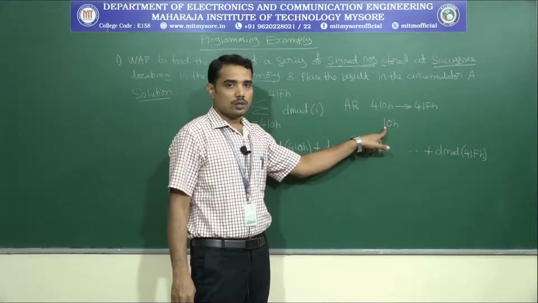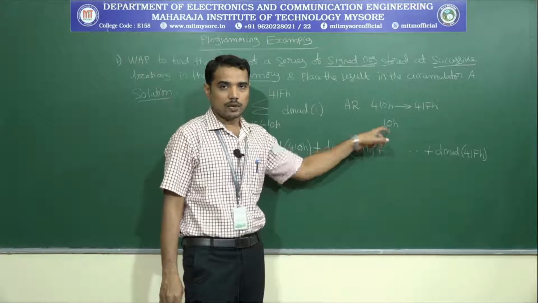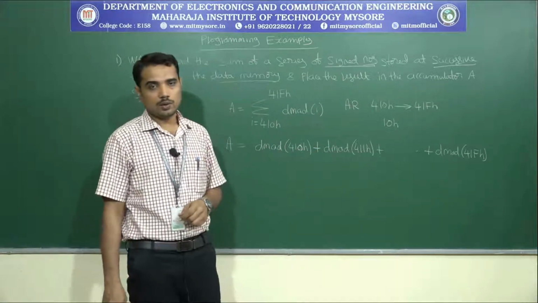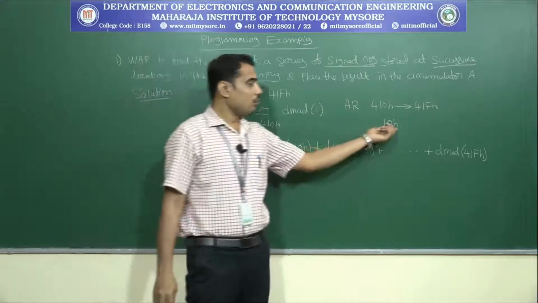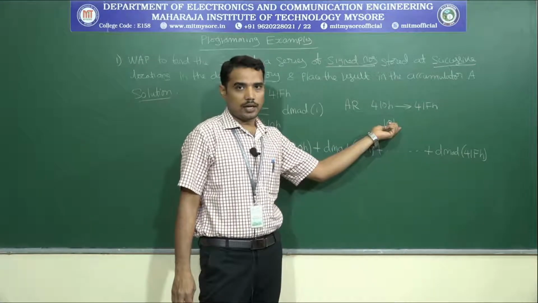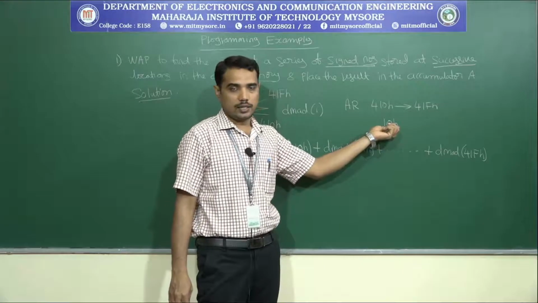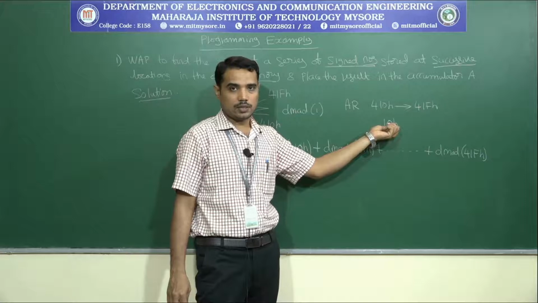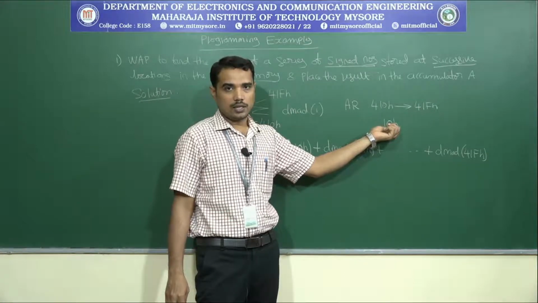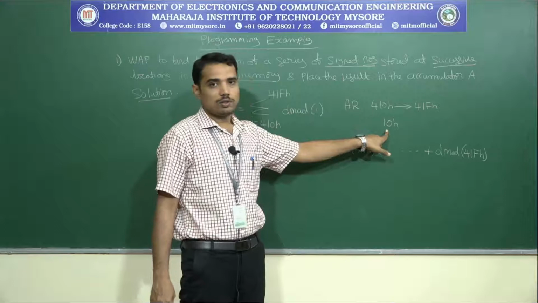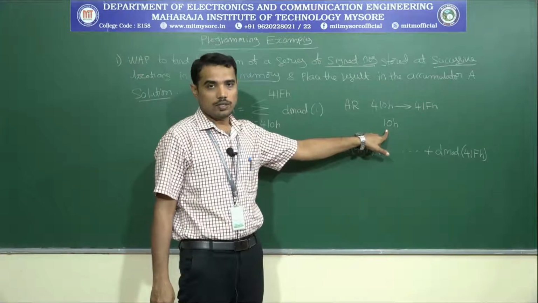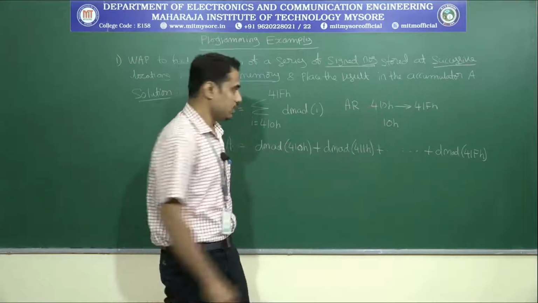Now what is this value? This value is the count. How many data items have to be added? 16 data items, expressed as 10H in hexadecimal. In order to hold the count, we need one more auxiliary register.